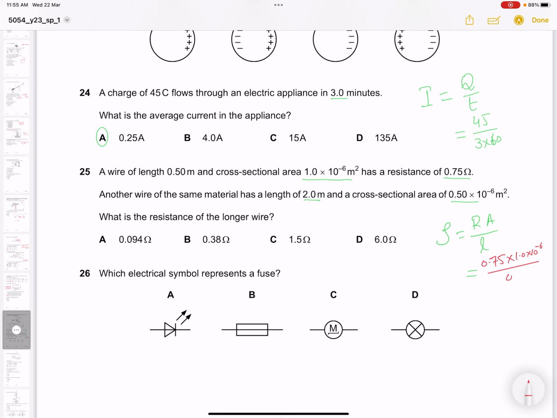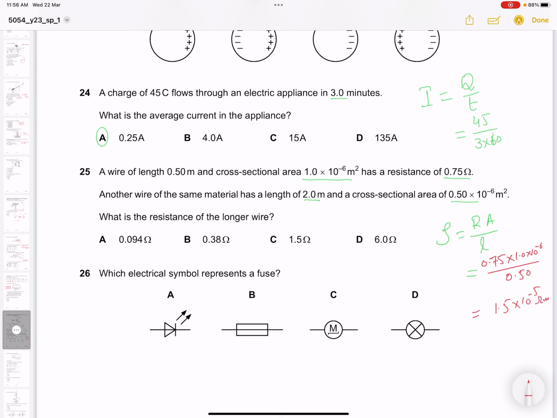Its length is 0.5 meter. If we put all of these values in a calculator, we get 0.75 times 10 power minus 6, so it is 1.5 times 10 power minus 5 ohm meter. This is resistivity.